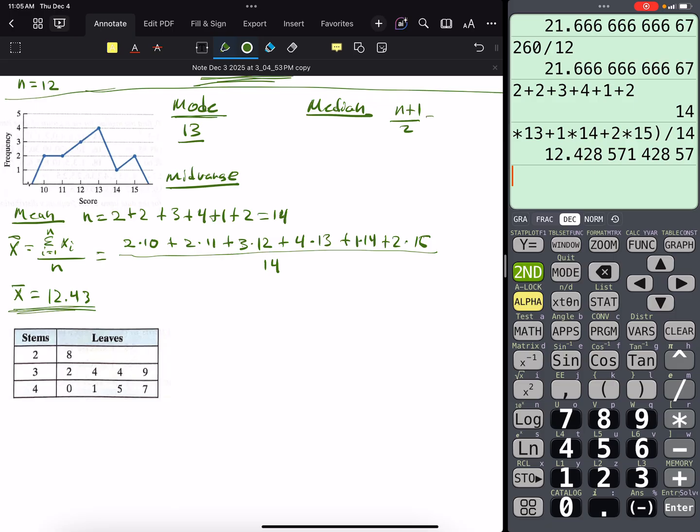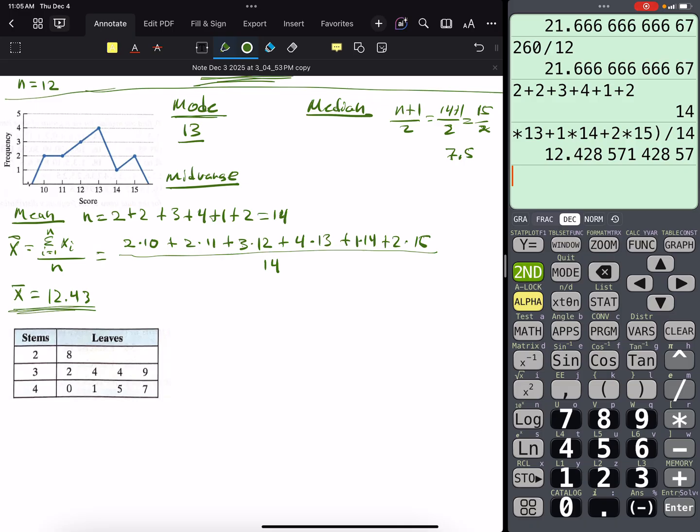That'll be 14 plus 1 over 2, or 15 halves, or a little bit more usefully, 7.5. Because 14 divided by 2 is 7, and 1 divided by 2 is 0.5. I'm adding those 2 together, so 7 plus 0.5 is 7.5.